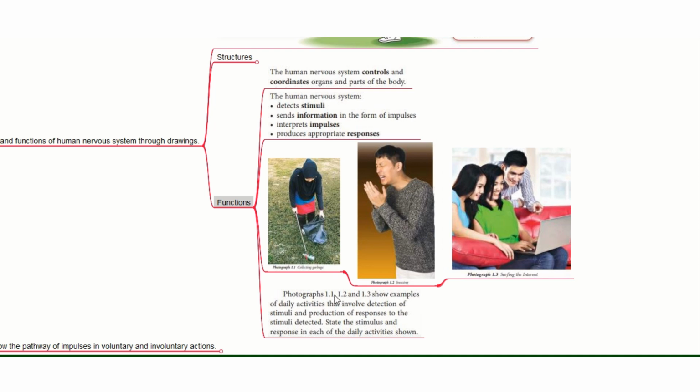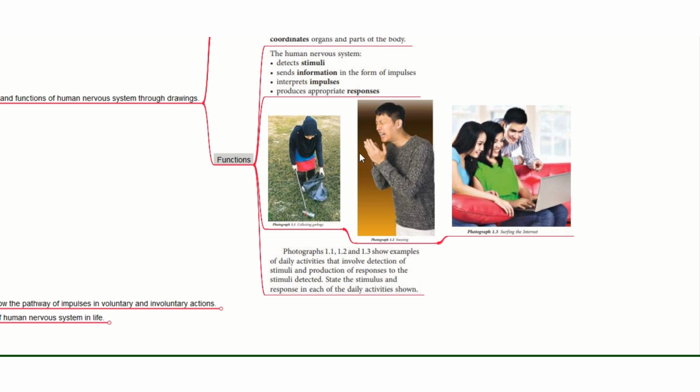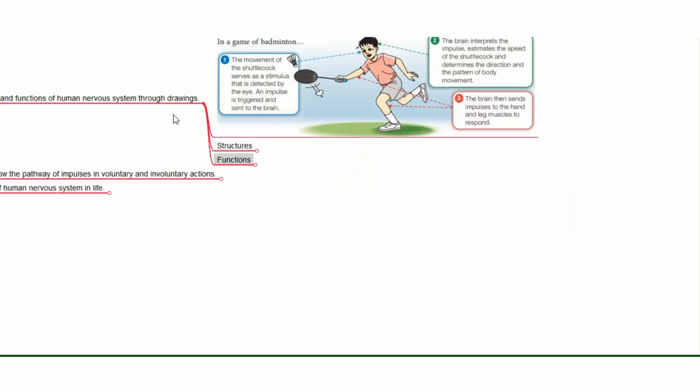Photographs 1.1, 1.2 and 1.3 show examples of daily activities that involve detection of stimuli and production of responses to the stimuli detected. State the stimulus and response in each of the daily activities shown. So that's the function of the human nervous system.